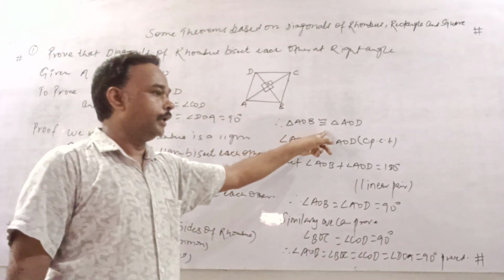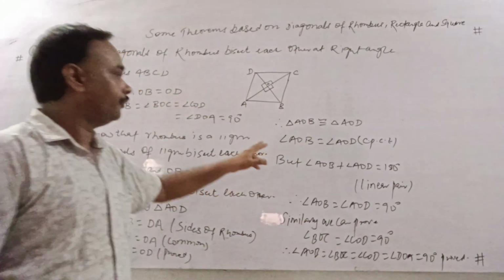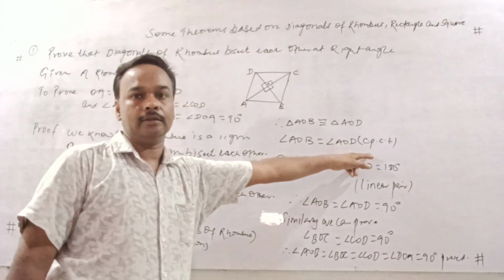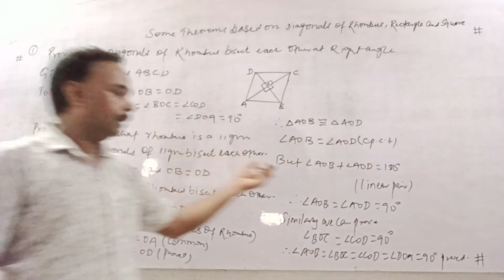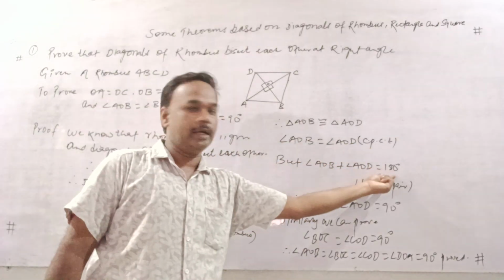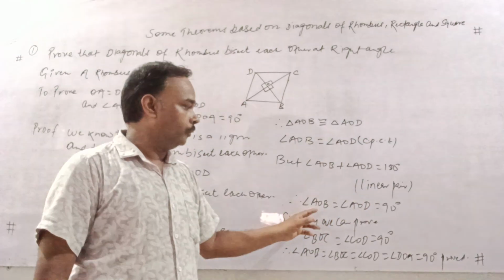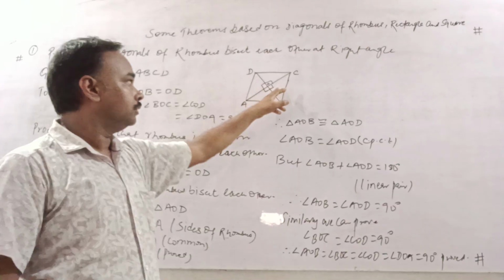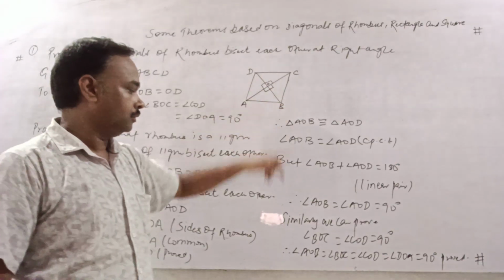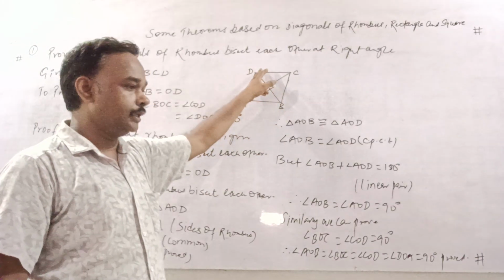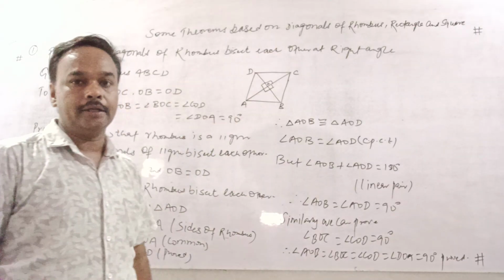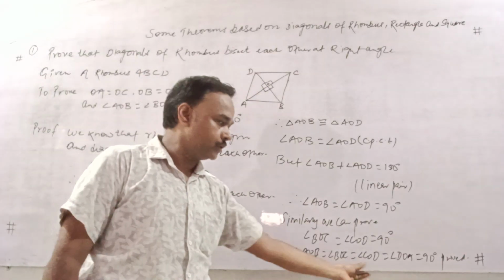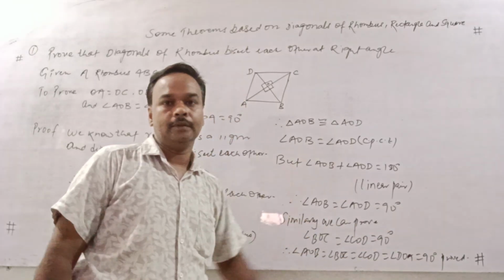Therefore, triangle AOB is congruent to triangle AOD, and therefore angle AOB is equal to angle AOD by CPCT. Clear? But AOB plus AOD is equal to 180 degrees, linear pair. So AOB is equal to AOD is equal to 90 degrees. Similarly, by taking these two triangles we can prove angle BOC is equal to angle COD is equal to 90 degrees. So AOB is equal to BOC is equal to COD is equal to DOA is equal to 90 degrees. Clear?